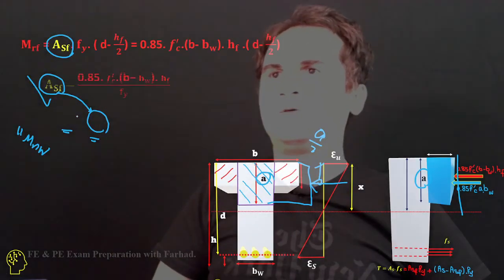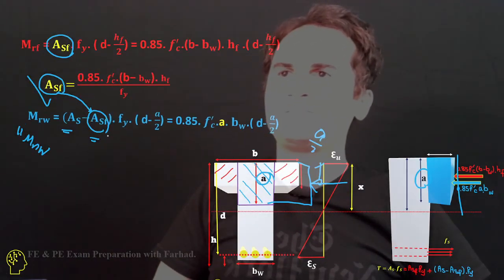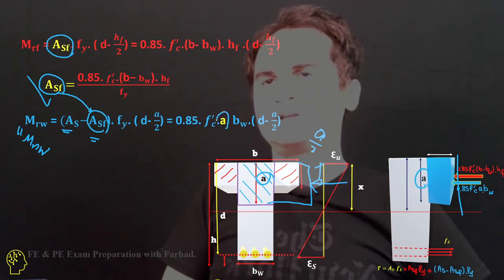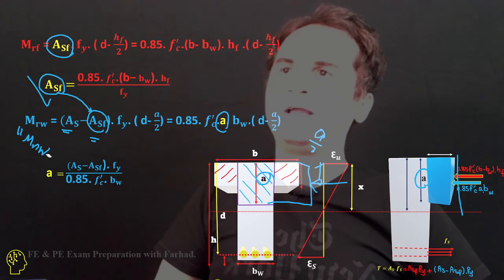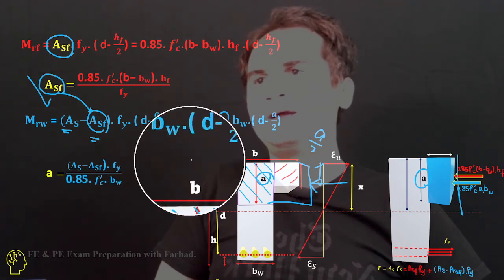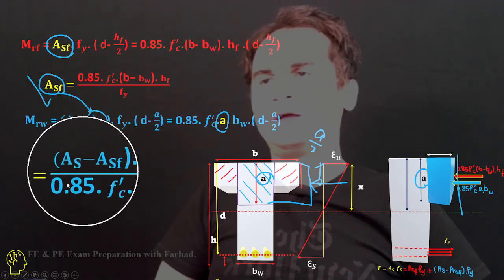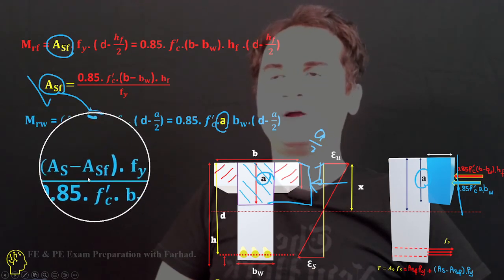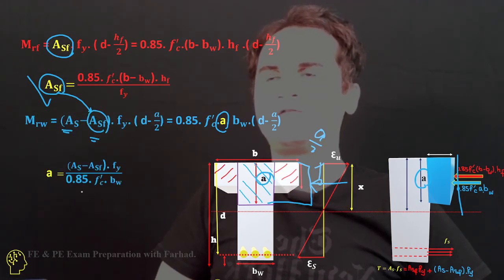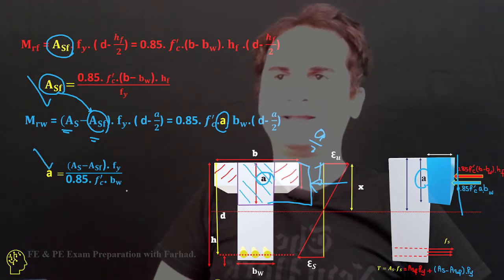My only unknown here is a. If you solve the equation for a, it gives you a new a, the exact height of the Whitney block: a equals (As minus Asf) times Fy over 0.85 f'c bw.